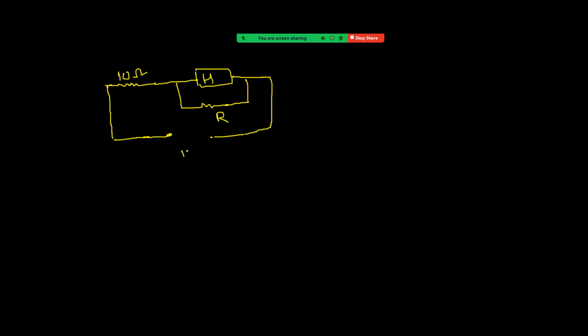Given this is a 10 ohm connected to the heater, and across the heater we are connecting one resistor, that is providing a supply of 100 volt, right?